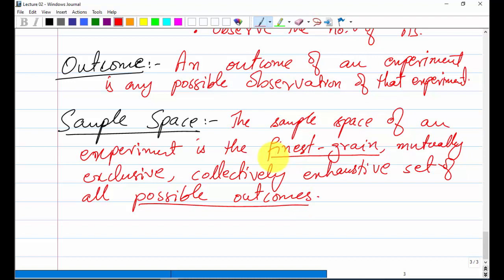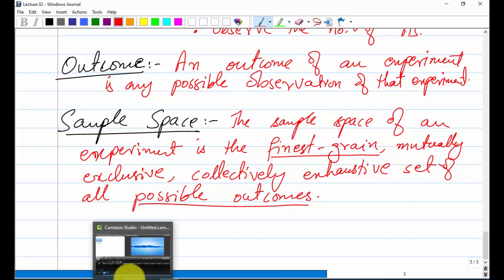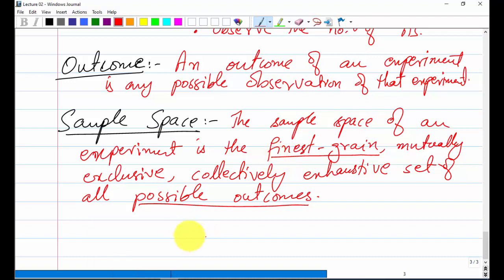Finest grain means that we cannot reduce them further. For example, if we toss or flip a coin once, there is a possibility that we can have either head or tail.